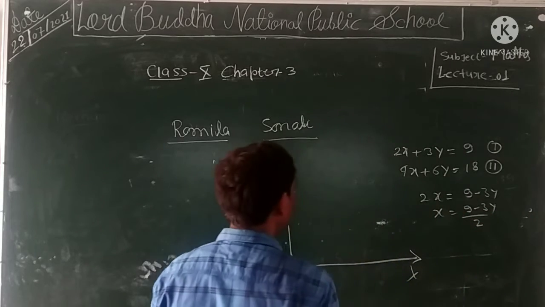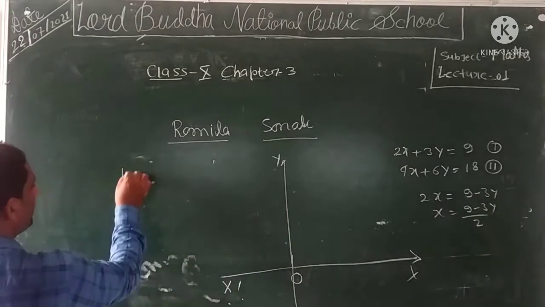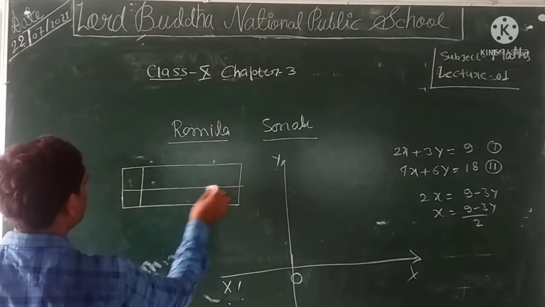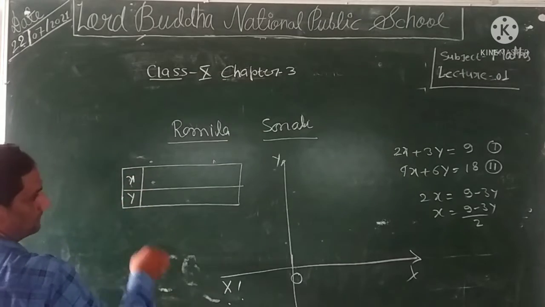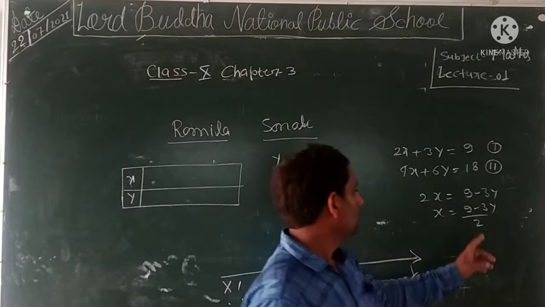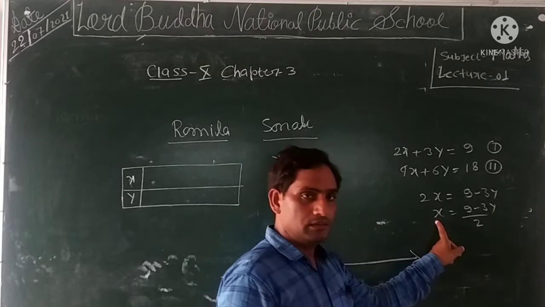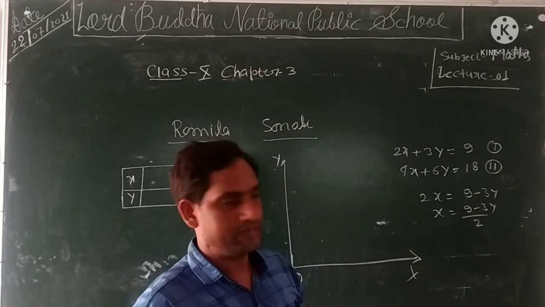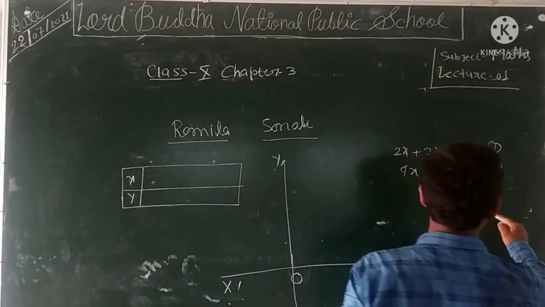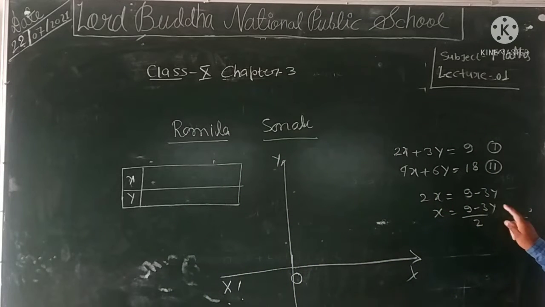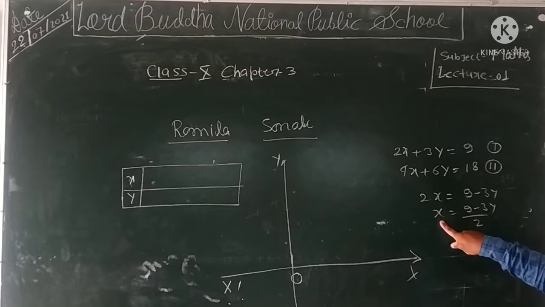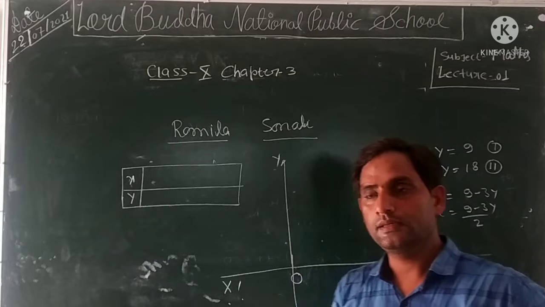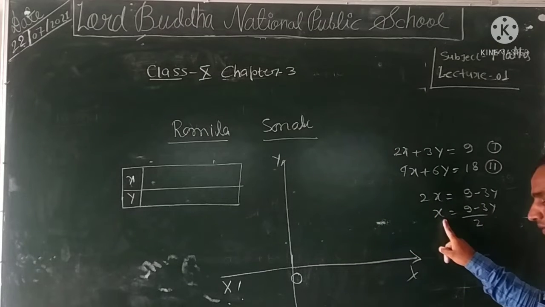We make a table for the values of x and y for the first equation. Here x is the dependent variable and y is the independent variable. We choose the value of y, and according to the value of y, we get the value of x.